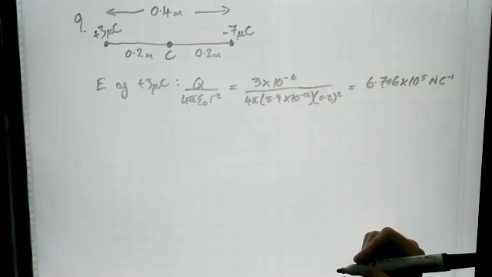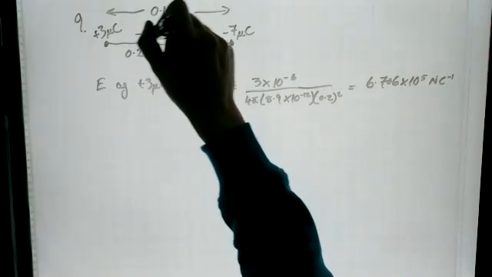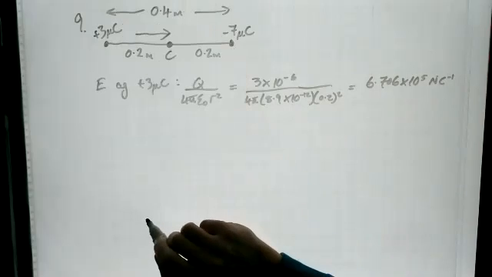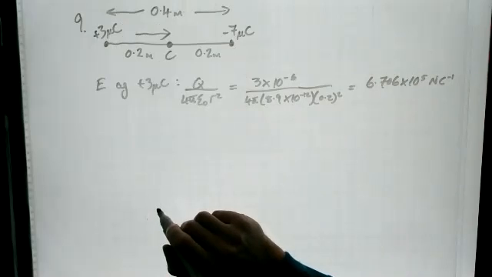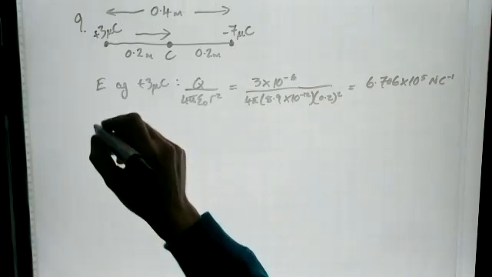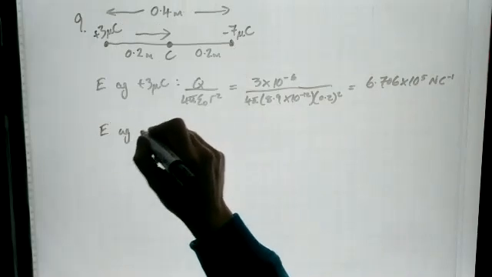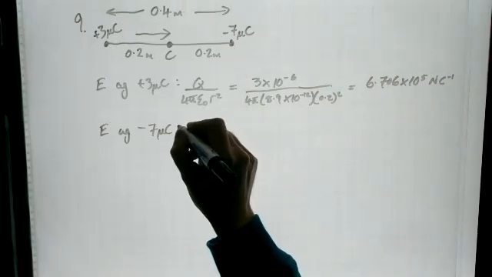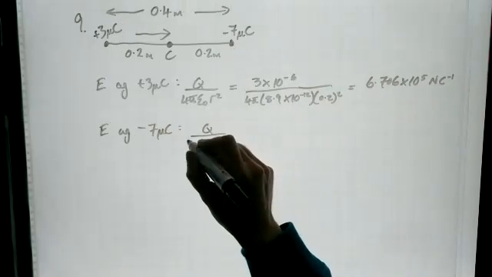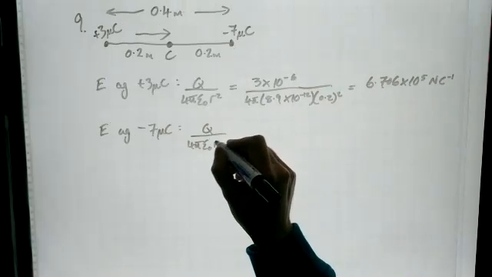Now the -7 microcoulomb charge. Again E equals Q over 4 pi permittivity of free space r squared.